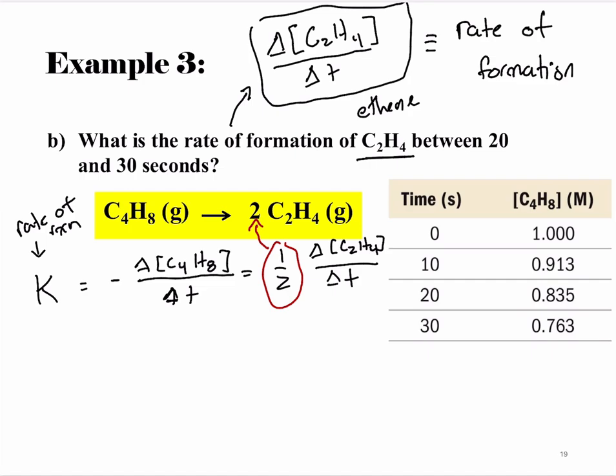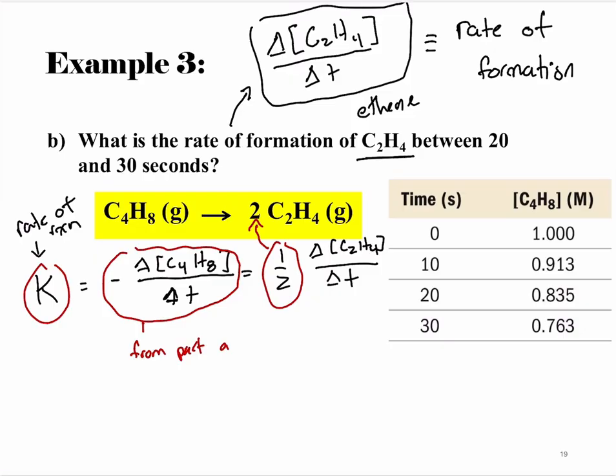Right, and what quantity have we solved for here already? Delta C4. Yep, we already solved for this whole quantity from part A, which is the same thing as saying that we solved for k.